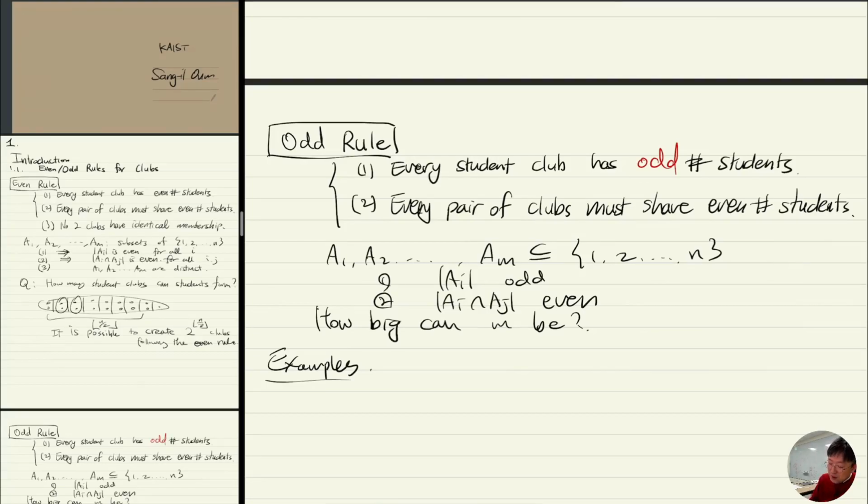Here, for instance, you can easily make n clubs. How? Ai is just the club with the i-th student. So you have n distinct clubs. Each Ai has size 1, and whenever you have Ai and Aj, their intersection is empty, which is 0. That's one example. There are many other examples.